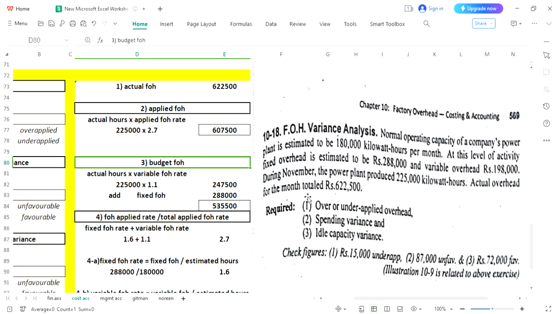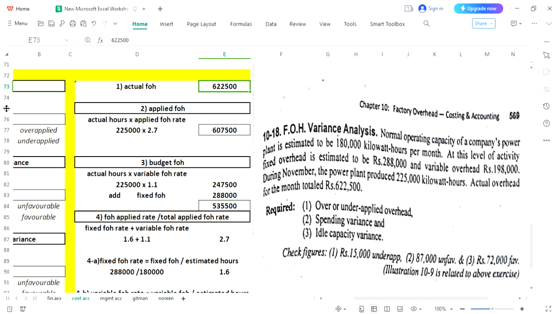Third step, budget FOH, we have calculated: 535,500. These three FOH were needed, and we have calculated all of our requirements. If the first three requirements are completed, it means everything has been completed.